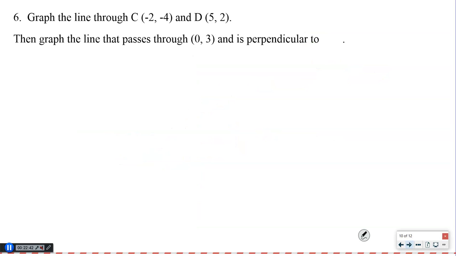All right, next example. We need to graph the line through point C at -2, -4, and D at 5, 2, and then graph a line through 0, 3 that is perpendicular to line CD. So our first line is going to be the same as our first line from the previous example. So draw our graph.